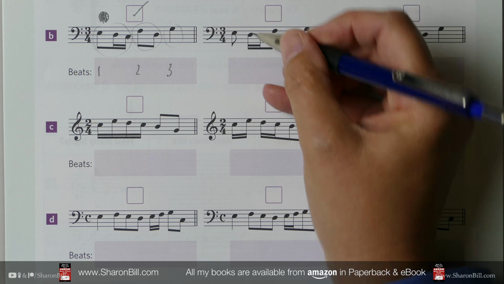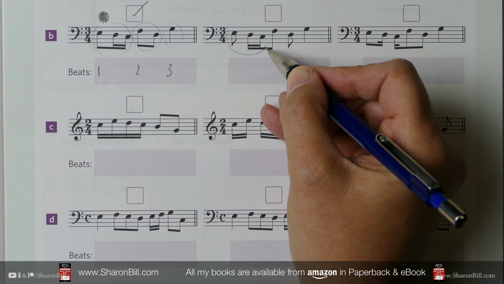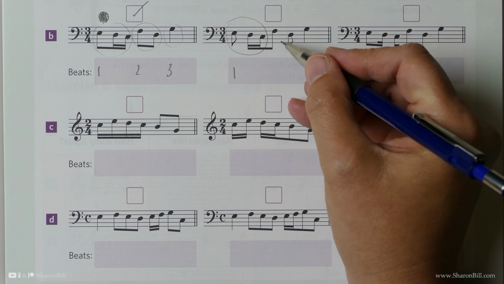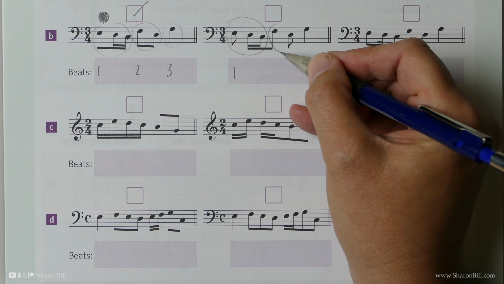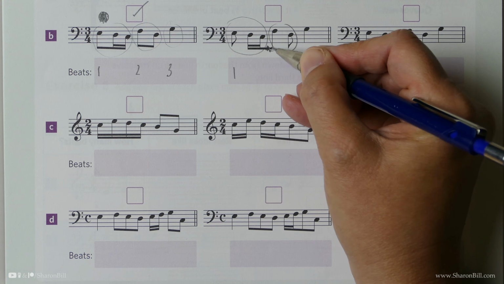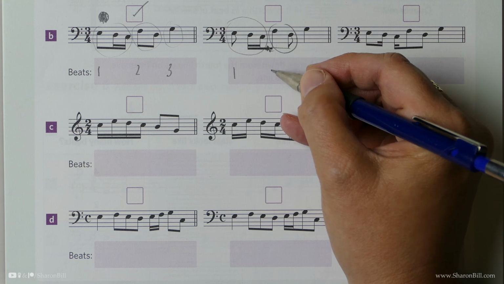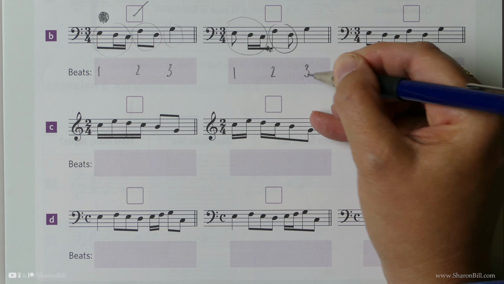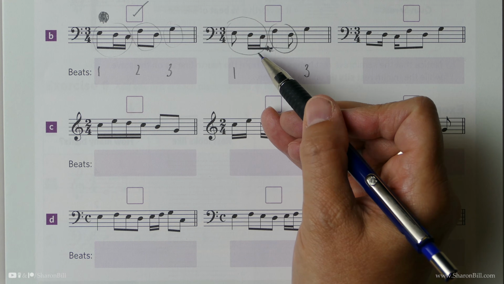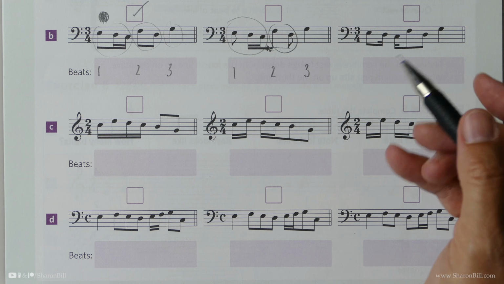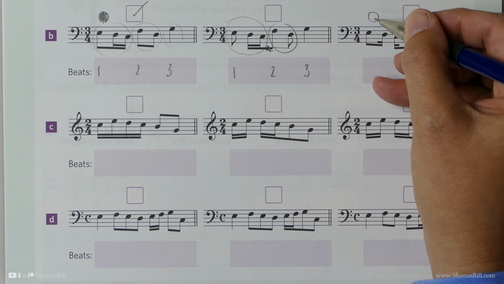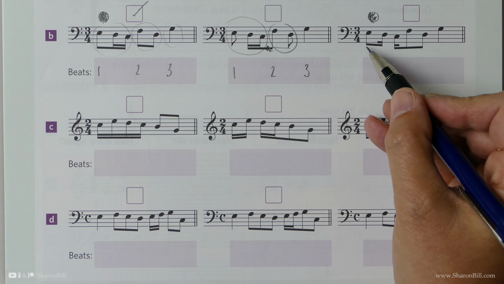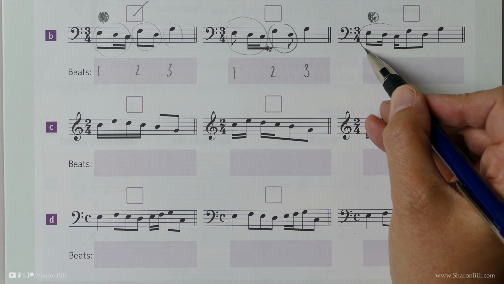If we try and do that now, it's easier to have this one to refer to, but you see there is a half and 2 quarters, so that is beat 1. There is a half and a half, so there should be a break there, and they should be together to show the start of beat 2, the rest of beat 2, there's beat 3. It's really hard to read when it's incorrectly grouped. So we know that a half and 2 quarters gives us a beat, so half, quarter, quarter.